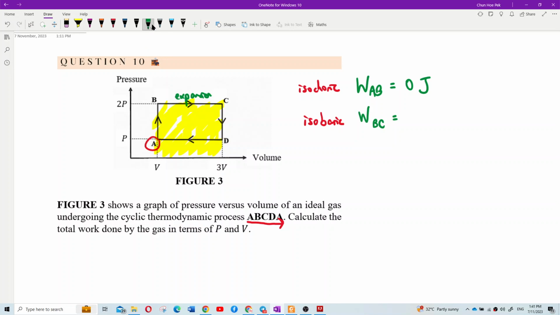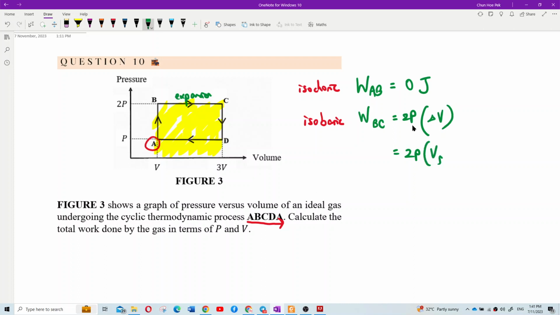Remember? Pressure multiply change of volume, which is pressure kamu ialah 2P lah. Ini pressure. Let write as 2P lah. I scared you confused. Yeah, you understand? 2P.